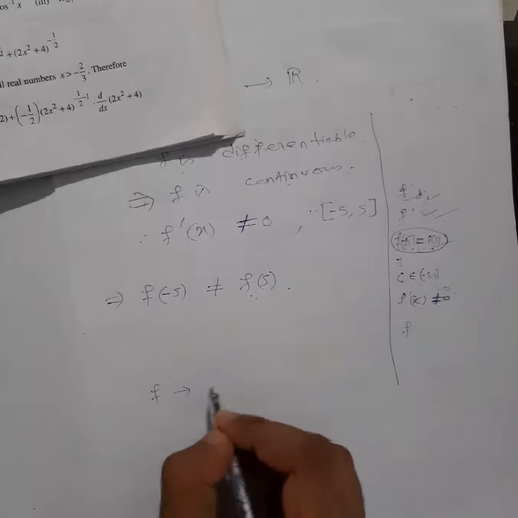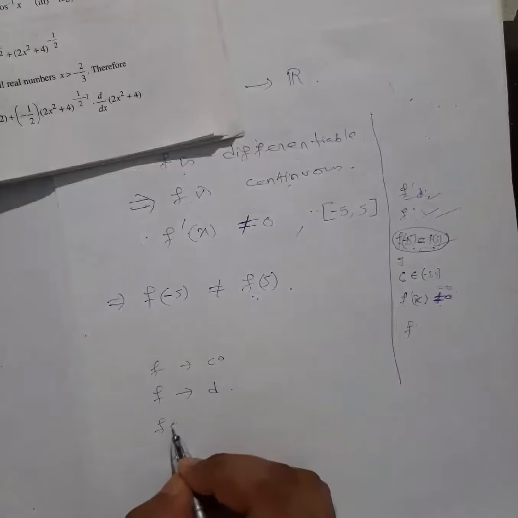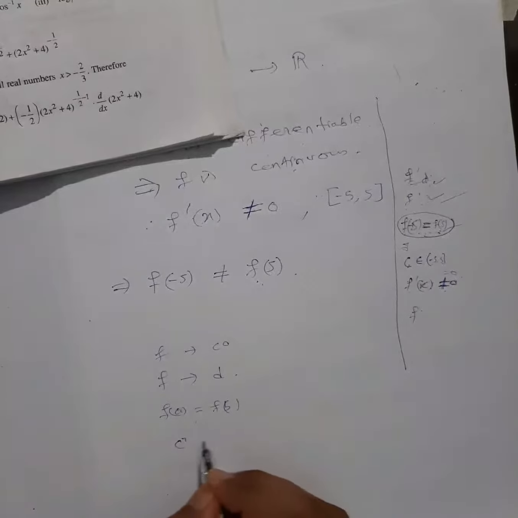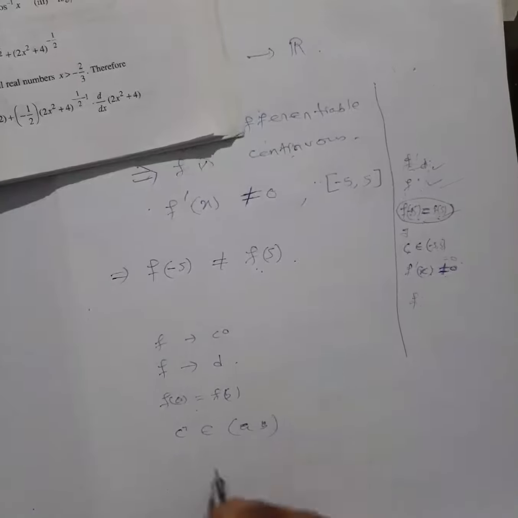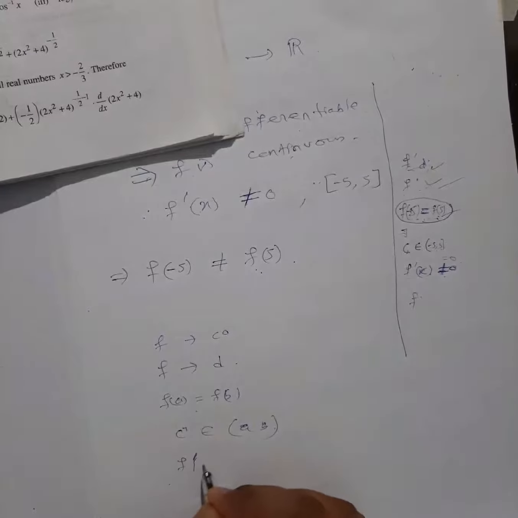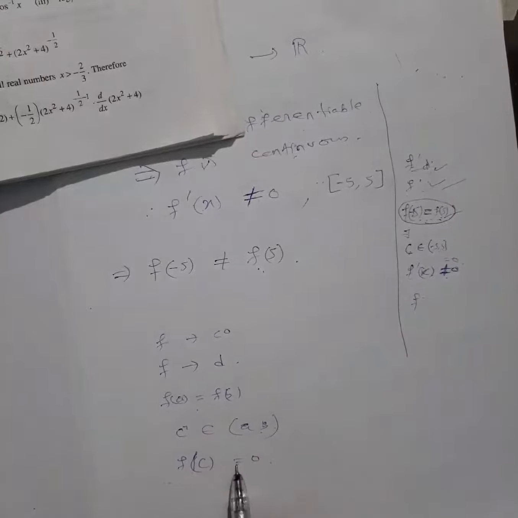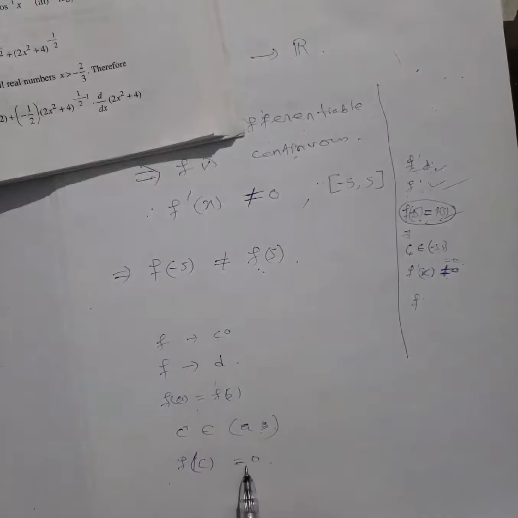We know this theorem. From the theorem we know that if f is differentiable, f is continuous, and f of a is equal to f of b, then we know there will exist for sure one point between a and b such that f dash of c will be 0, where c belongs to this interval. So if these three conditions are satisfied, then obviously this will be equal to 0.